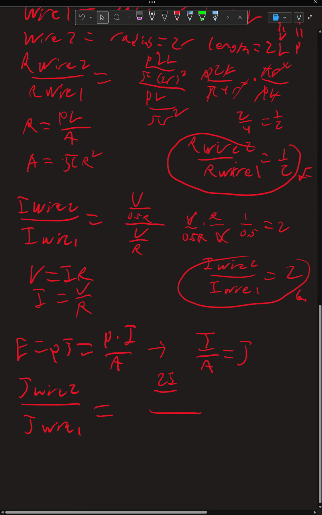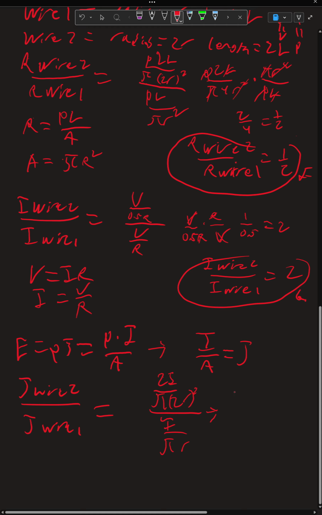The area, as done before, is going to be pi times 2r squared, over I over pi r squared, with the whole reciprocal multiplication.